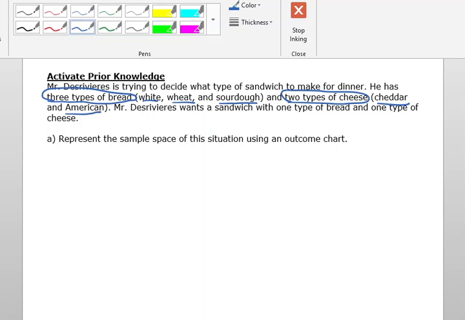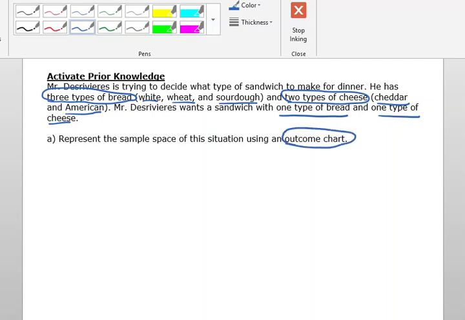Mr. DeShriever, I actually don't know if that's how you say his name, but we're going to go with that. Mr. DeShriever wants a sandwich with 1 type of bread and 1 type of cheese. Represent the sample space of this situation using an outcome chart.